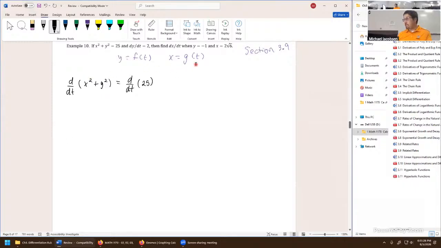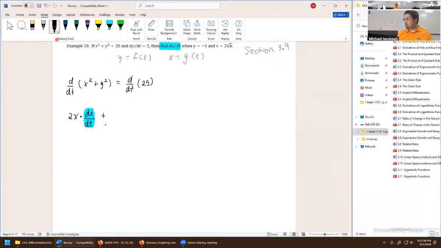We don't know the function g of t. So we think of the power 2 as being an outer exponent. In the chain rule, that 2 comes down. The new power on x becomes a 1 altogether, but we have to chain on a new derivative, dx/dt. So that's where dx/dt comes from, and that's our goal, to find the value of dx/dt.